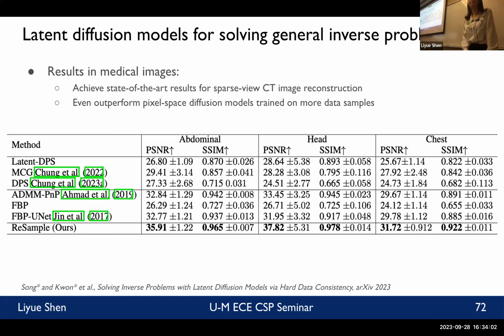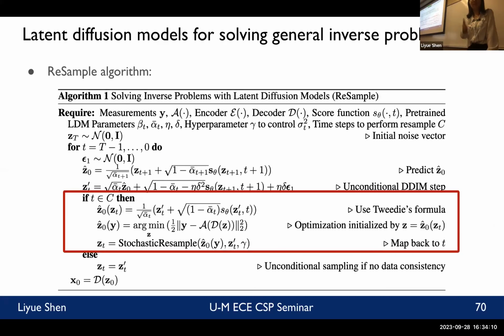What I saw here is that you're solving an optimization problem at every step. I know it's in the latent space, so it's less computation. So I was just wondering how much the latent space versus the image space matters, and using multiple optimization steps here versus only one gradient step in the image space.